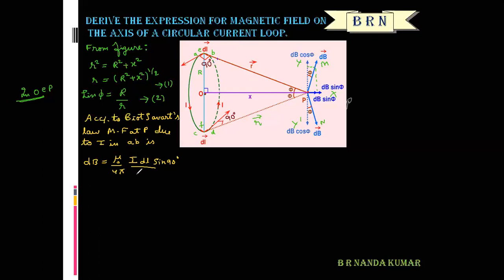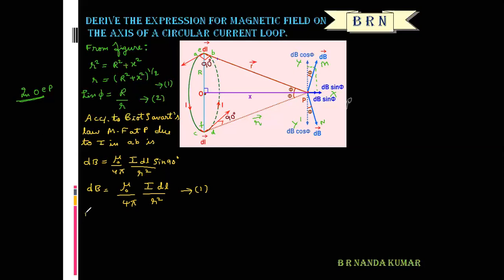So I dL sine 90 divided by r square. So dB is equal to mu naught divided by 4 pi, I dL divided by r square. Call this equation number 1.